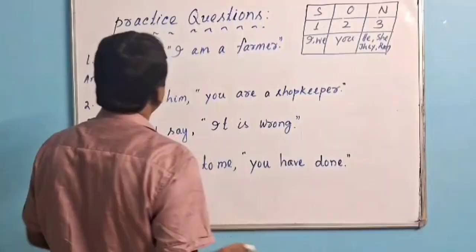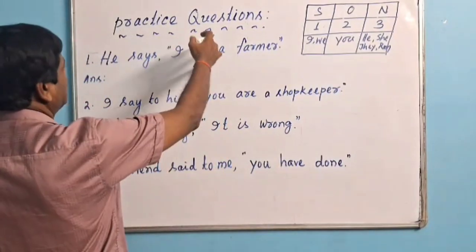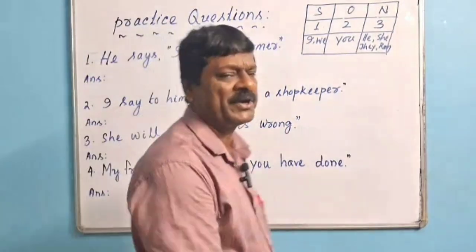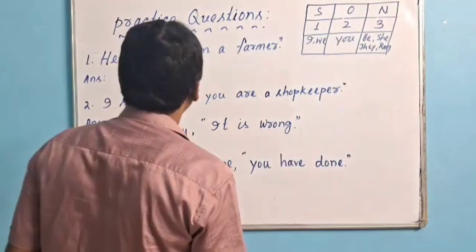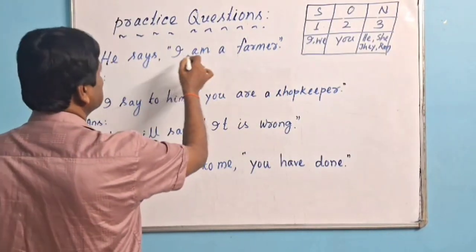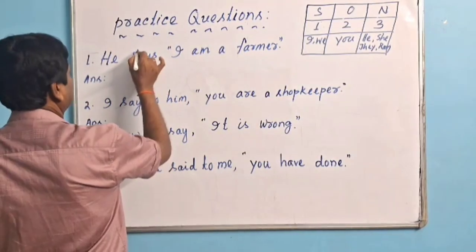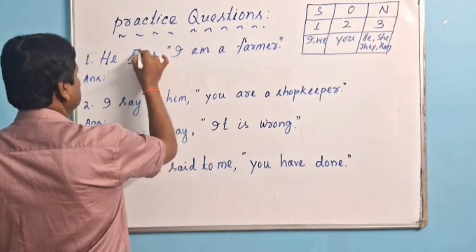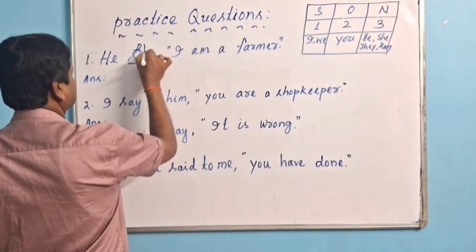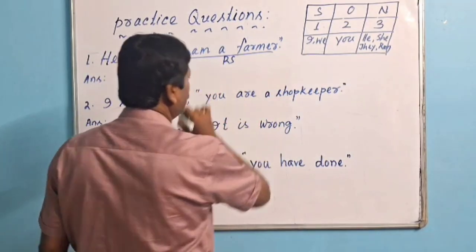Okay, dear guys, now we shall solve some practice questions for your better understanding. Question number 1. He says, I am a farmer. Here, this is RV, and this part is called RS.